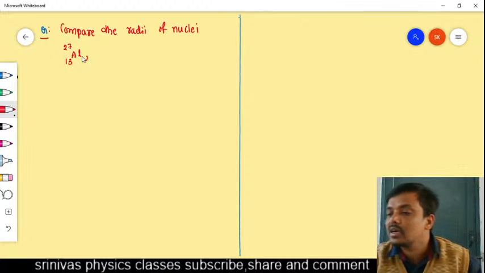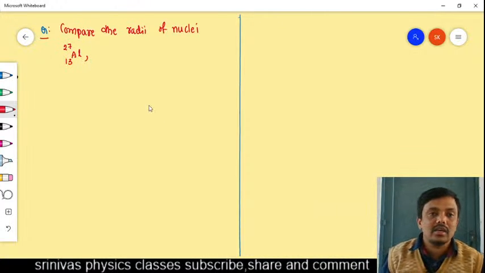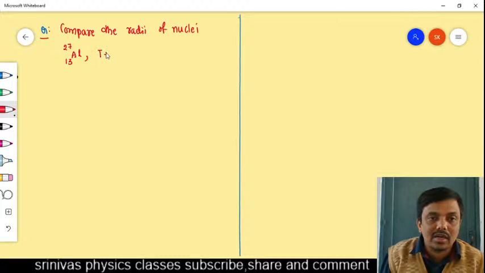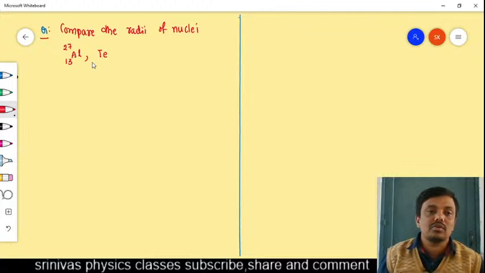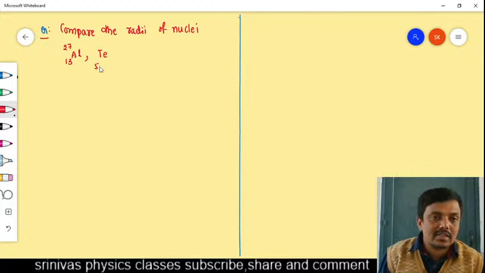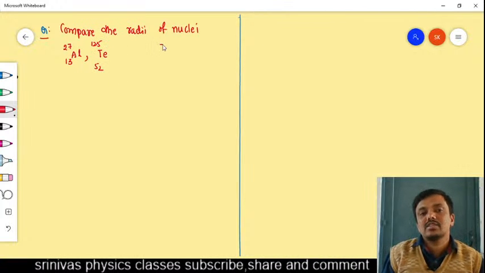And one more they gave is Te. Te means what? Do you know? Can you write in the chat box? 52 Te 125. They are asking to compare the radii of these two nuclei. It's a previous CBSE question.